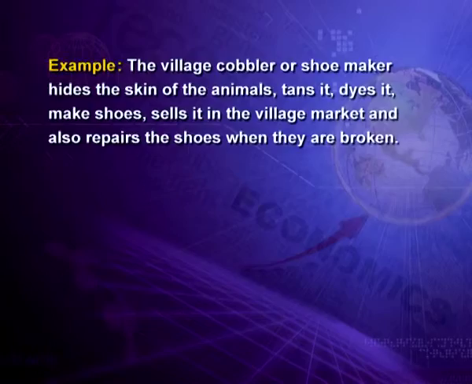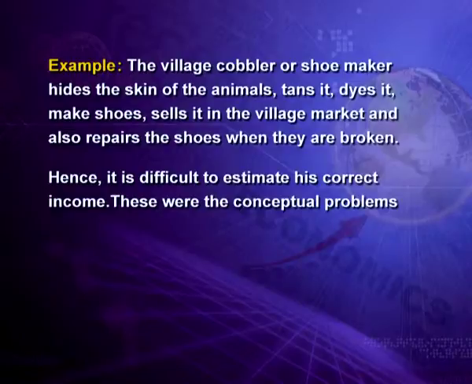For example, the village cobbler or shoemaker hides the skin of the animals, tans it, dyes it, makes shoes, sells it in the village market and also repairs the shoes when they are broken. Hence, it is difficult to place his income into the correct category. These were the conceptual problems.